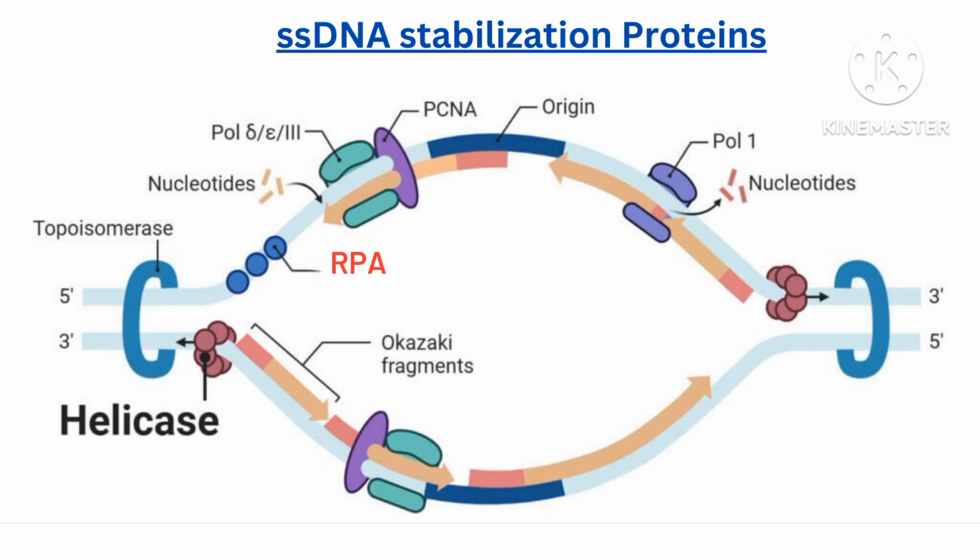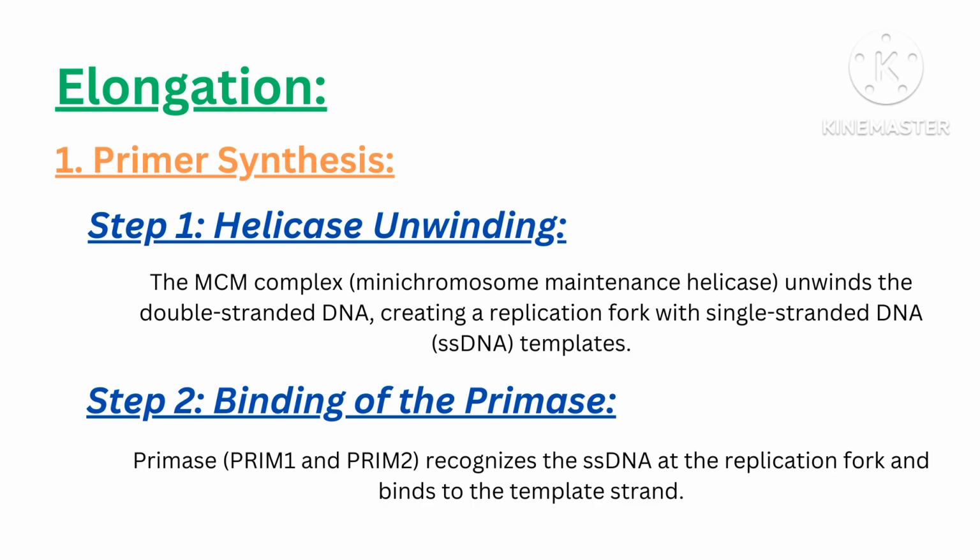RPA interacts with other proteins, including the DNA polymerase alpha primase complex, to initiate replication, proliferating cell nuclear antigen (PCNA) to coordinate polymerase activity, and replication fork stabilizers to maintain fork integrity.